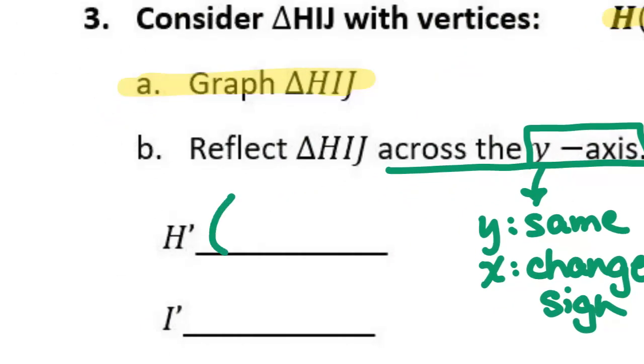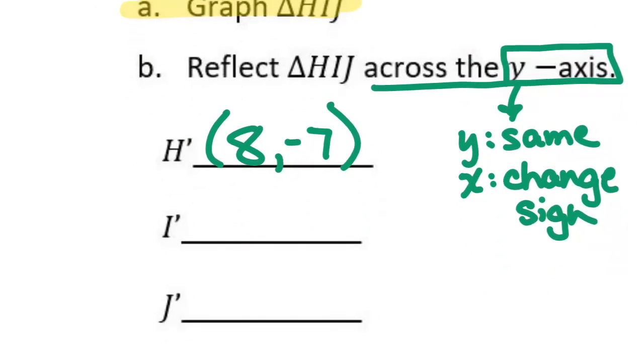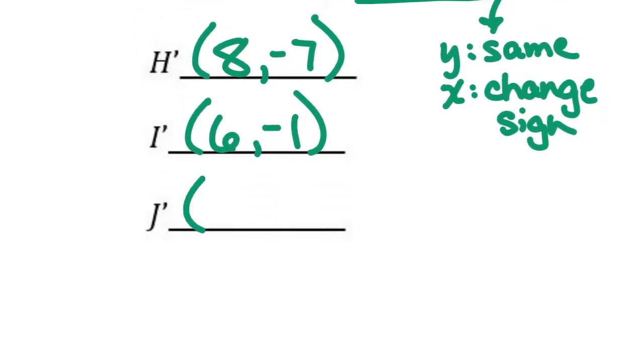So what will H prime be then? Y stays the same, x changes signs. We have our ordered pairs written down up here. What will H prime be? 8, negative 7. What about I prime? 6, negative 1. And J prime? 3, negative 5.